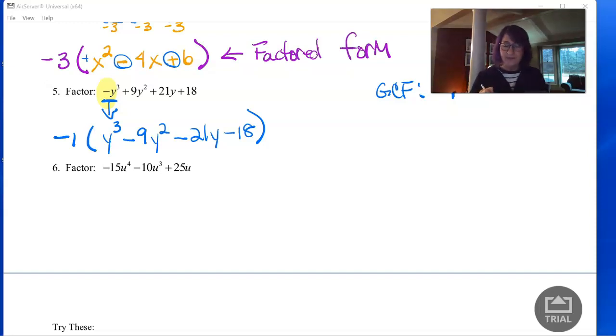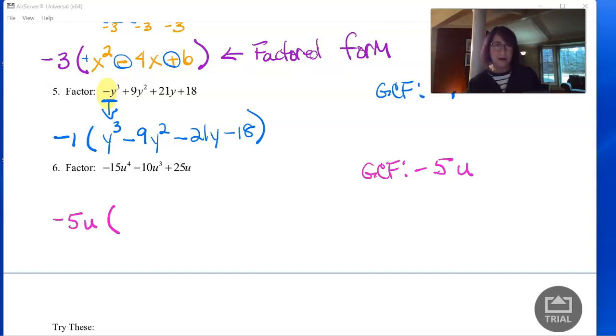So for this one, our GCF is going to be -5u. If we take out a -5u, it's going to flip the signs, so a positive 3u cubed. If that's hard for you to see, do not worry about it, just write your GCF under that term.